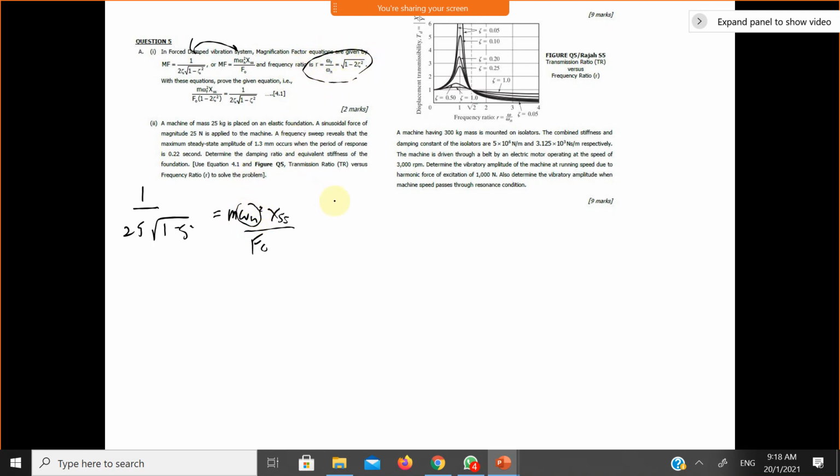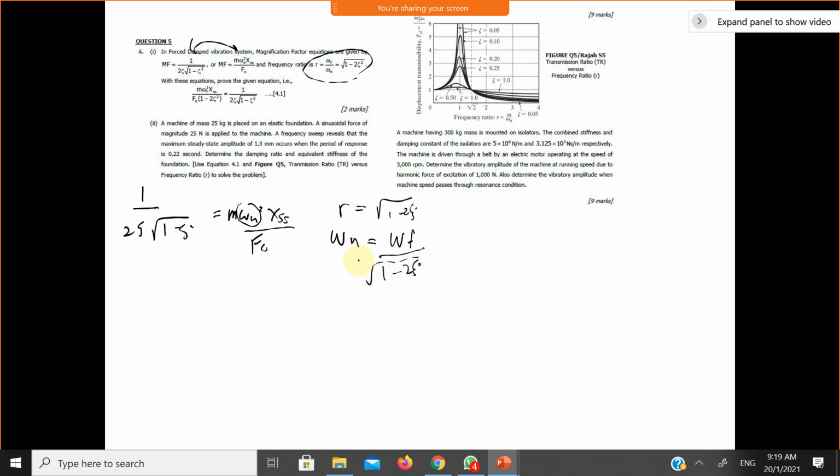Alright. Kita ada R sama dengan 1 minus 2 zeta square. Yang mana yang berubah ni, yang tak sama ni? F naught kan? Macam mana dia buat ni? M omega F square, yang ni M omega n square XSS over F naught. Ok, sekarang ni this one lah yang berubah. So dia tambah, dia gantikan omega n ni, alright, sama dengan omega F over 1 minus 2 zeta square set.